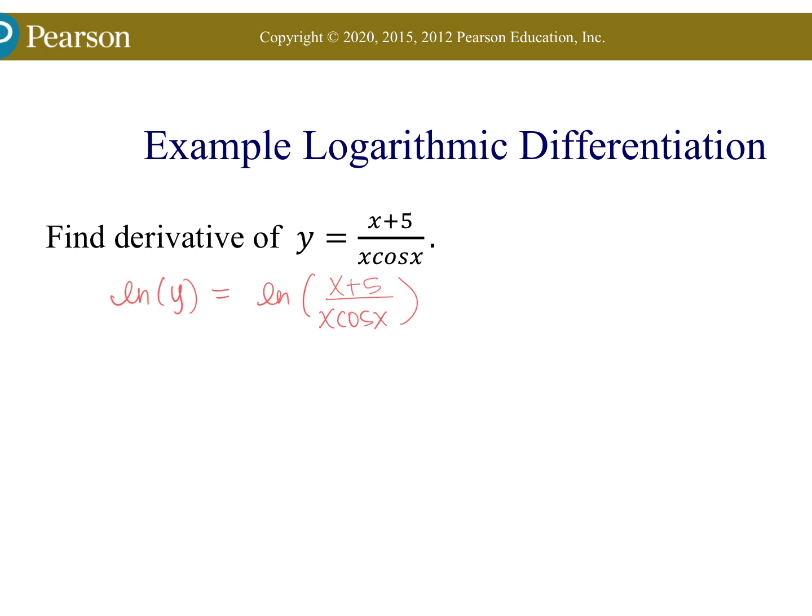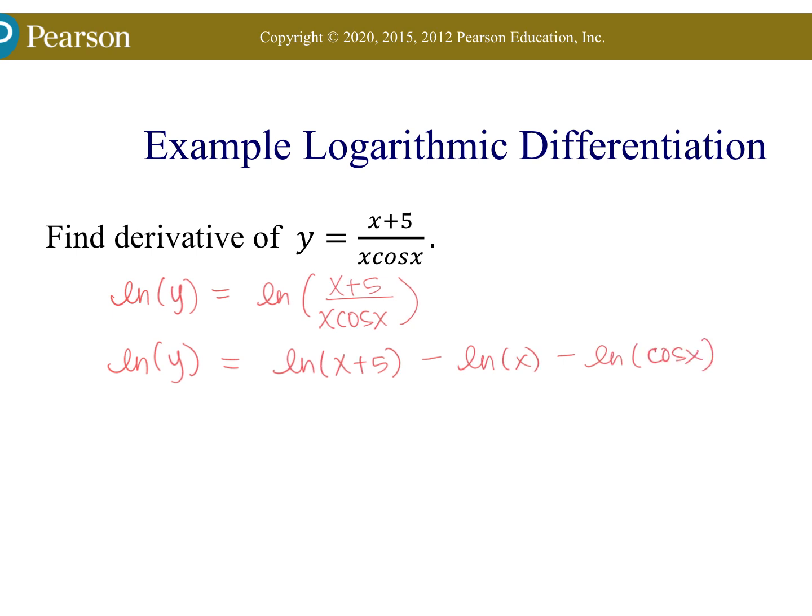In this, there's a log property for quotients. Do you remember what the log property of quotients does to the function? Subtraction. So this would become the natural log of x plus 5 minus the natural log of x, and additionally minus the natural log of cosine of x.